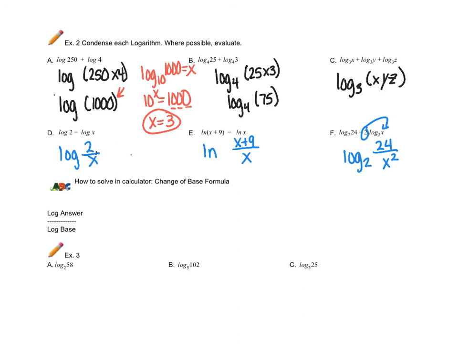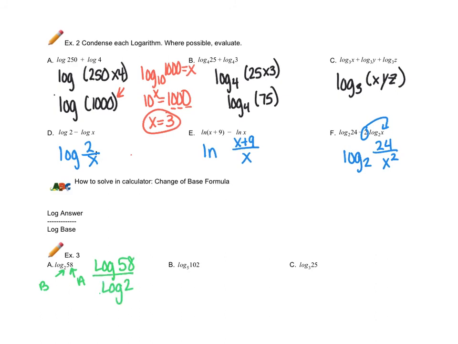All right, so the last thing is how to solve these logs in a calculator. We're going to use what's called the change of base formula. For this, you'll need your calculator back out. So it's log answer divided by log base. Remember that this is your answer, this is your base. So it's going to be log 58 divided by log 2.